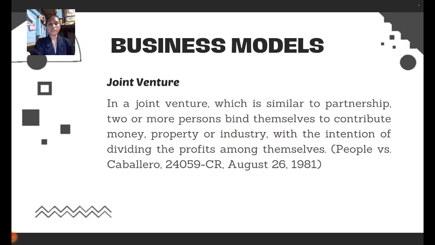Next, we have the business models. In a joint venture, which is similar to a partnership, two or more persons bind themselves to contribute money, property, or industry with the intention of dividing the profits among themselves.